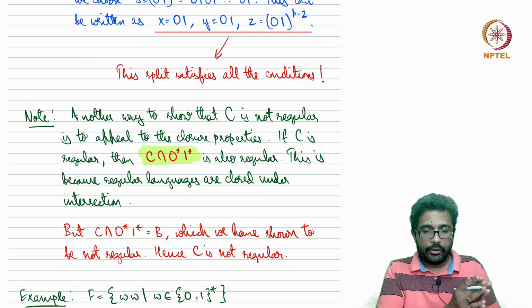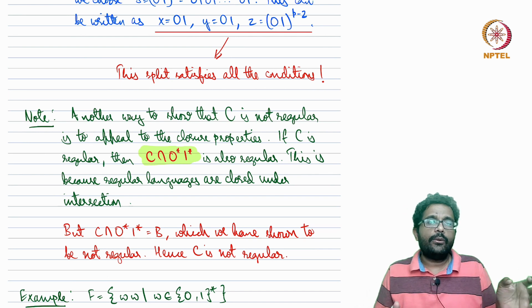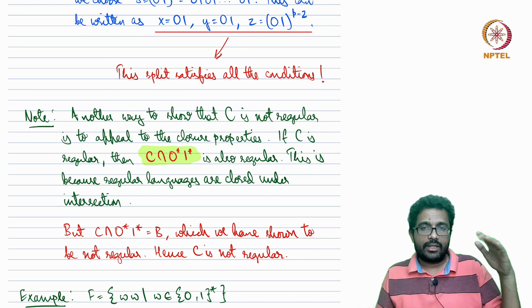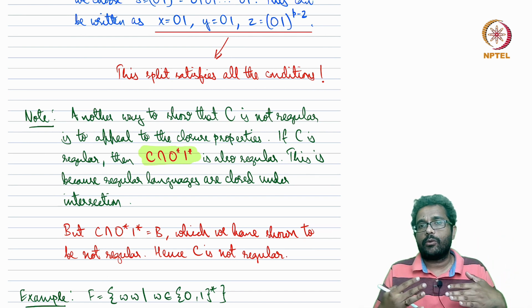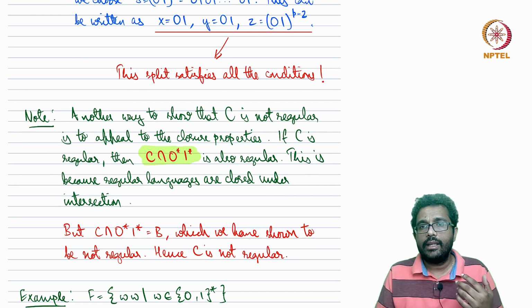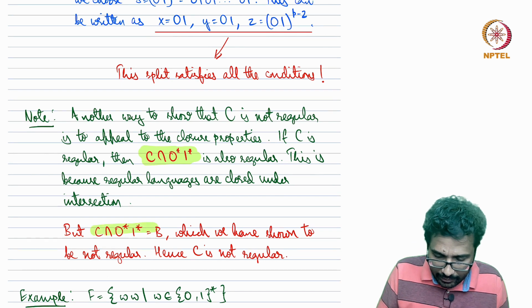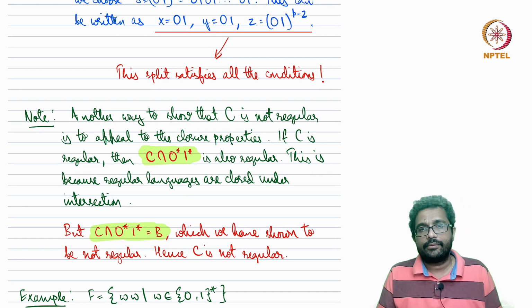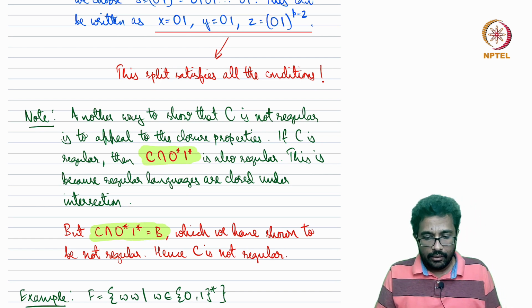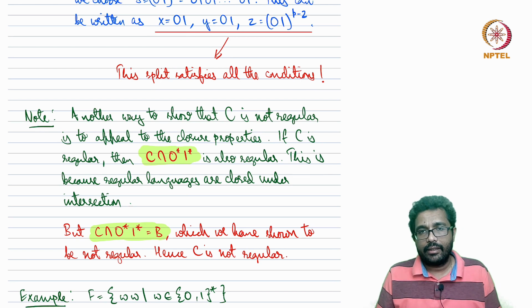If you think about it, you will see that the only way this can happen is if we have some number of zeros followed by the same number of ones, which is exactly what we defined B to be. So C intersection 0 star 1 star is a regular language, and this happens to be B, right.